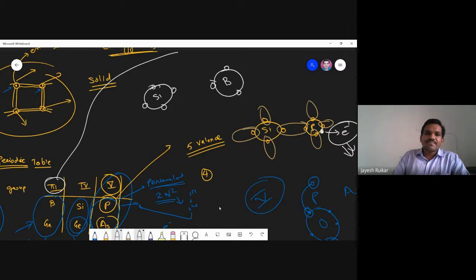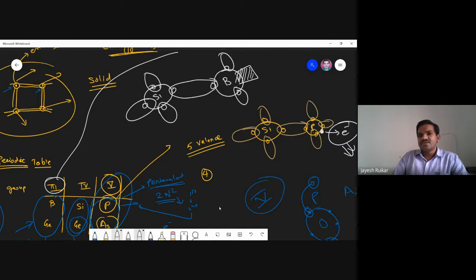So these electrons start making covalent bonds, but there is an empty space here, because it does not have a 4th electron. So the boron atom wants to accept an electron in order to form a covalent bond, or to reach a steady state. So these are what we call acceptor impurities.